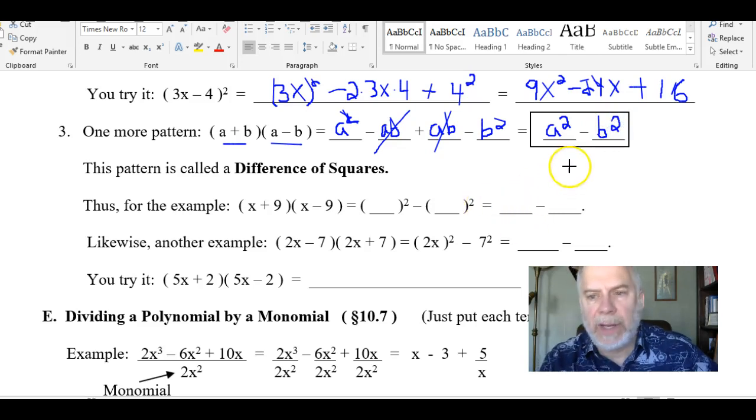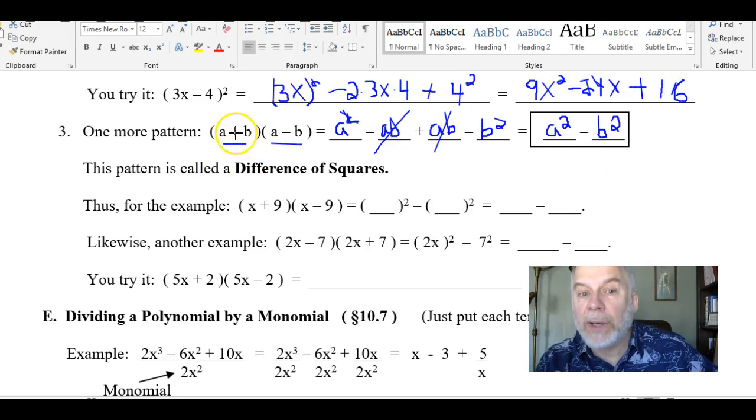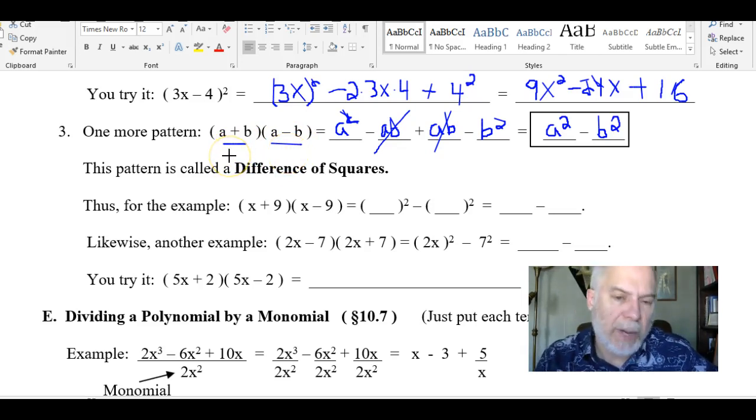All right, now that is called a difference of squares, a squared minus b squared. And that only occurs when you have a plus in one parentheses and a minus in the other parentheses. Now it could start with minus and then have a plus, or vice versa, it doesn't matter, but you got to have one positive and one negative.